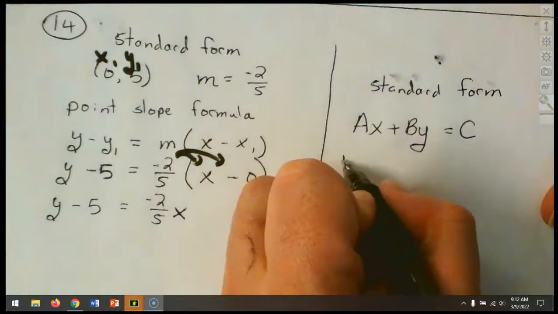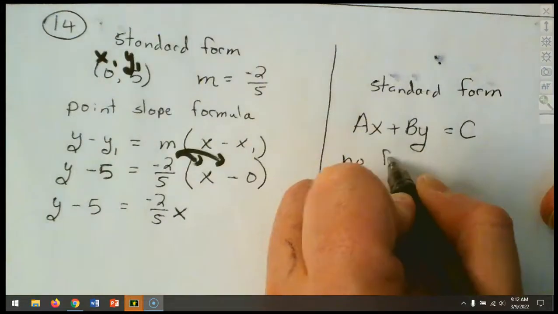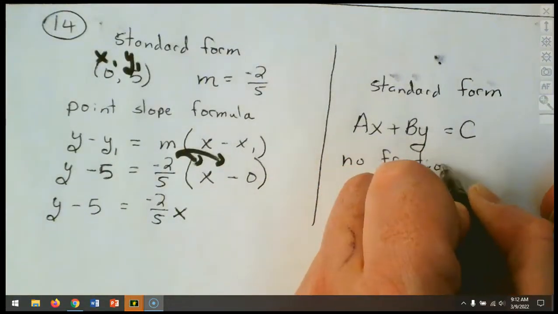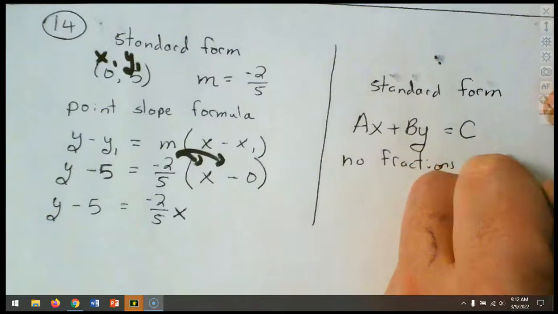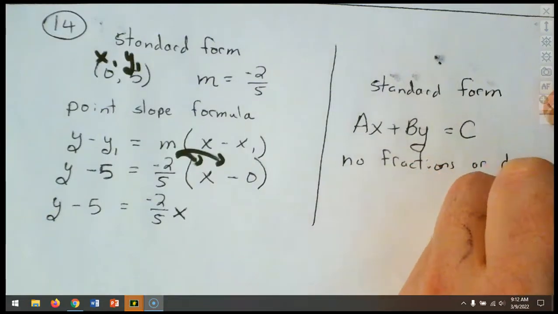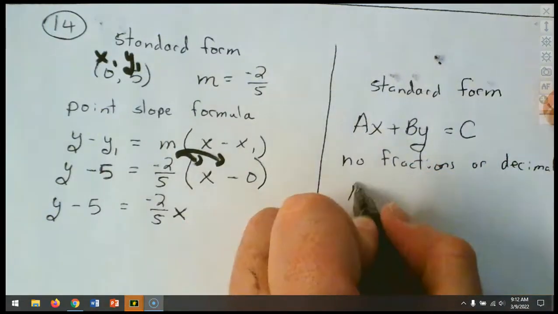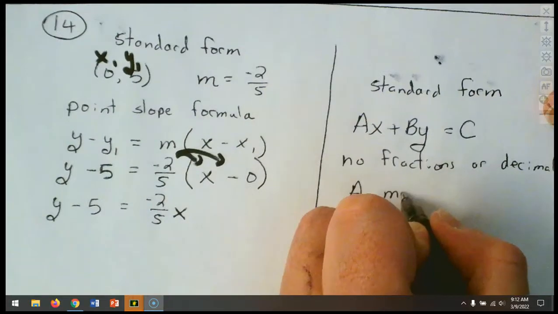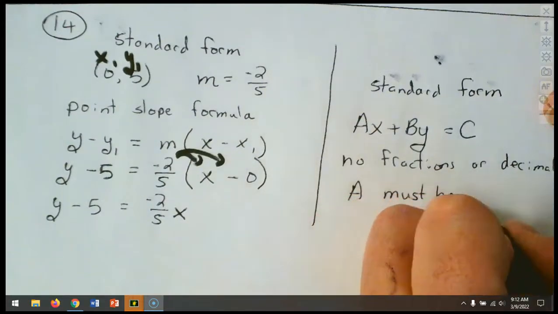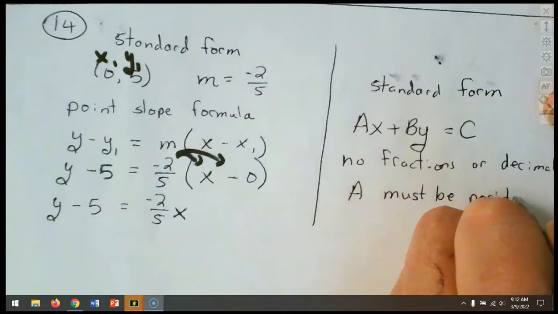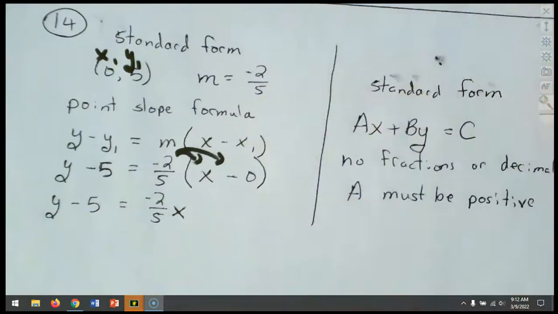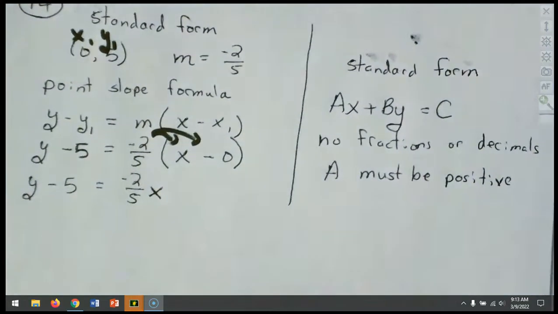So no fractions or decimals. And A must be positive. Okay, so A's got to be positive here. So no fractions or decimals.